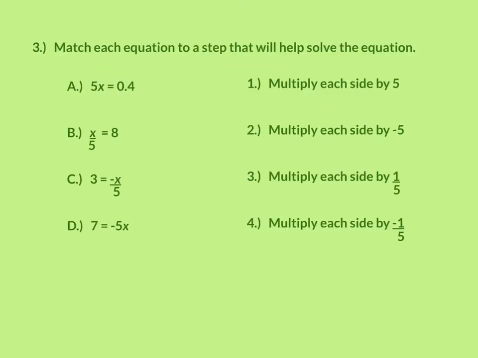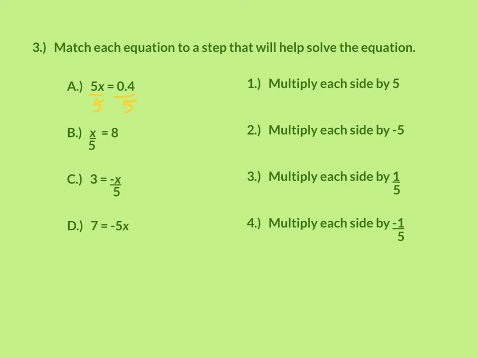Okay, next problem. We're going to match each equation to a step that will help solve the equation. Ah, well, this is fun. We know how to do that. We always just ask that question. What's the magic question? Oh, what's the opposite? So this first one says 5x. Well, that's 5 times x. What's the opposite of times 5? Well, that would be to divide by 5 on both sides.